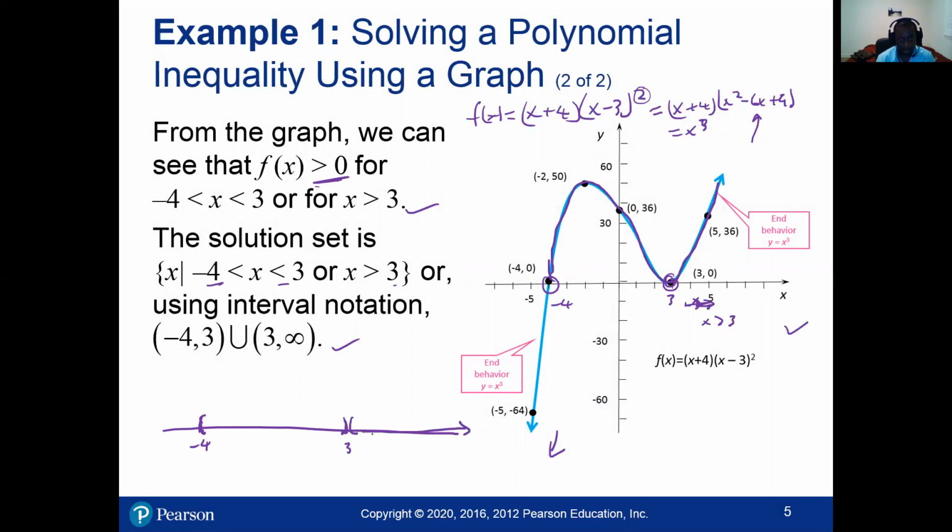So you have this, and then between that. Okay, so here you have 2 pieces. It opens to the left because it doesn't include the 3, and doesn't include the negative 4. So you have parentheses on both ends.